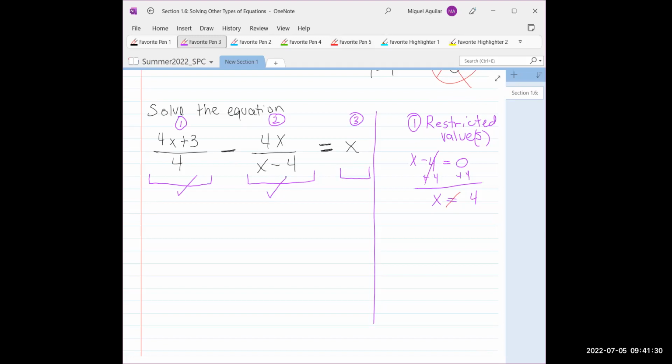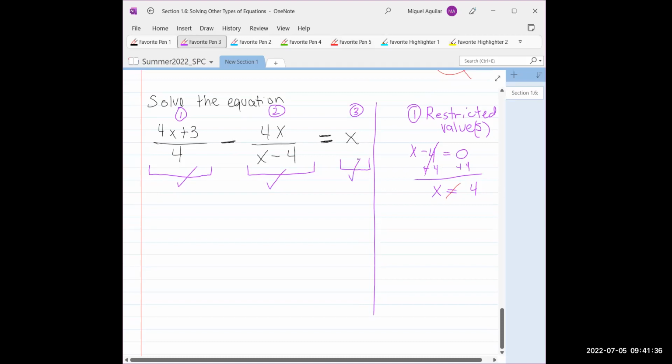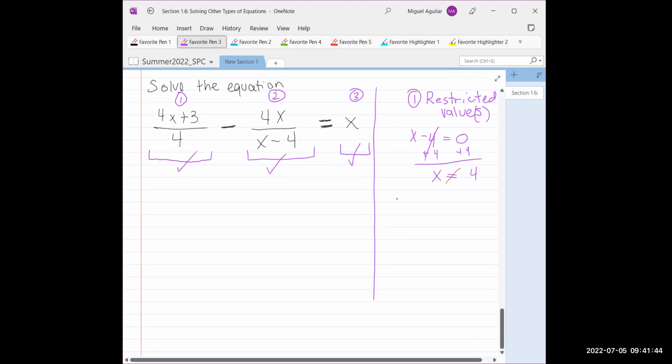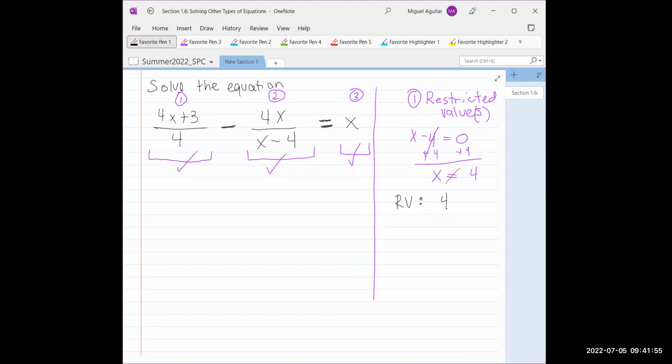It doesn't have a variable in the denominator, so we don't have to worry about that one ever forcing us to divide by 0, because it's not a fraction. Does that make sense? So the only restricted value that we have, I'm going to put RV, is 4. Does anybody have any questions?